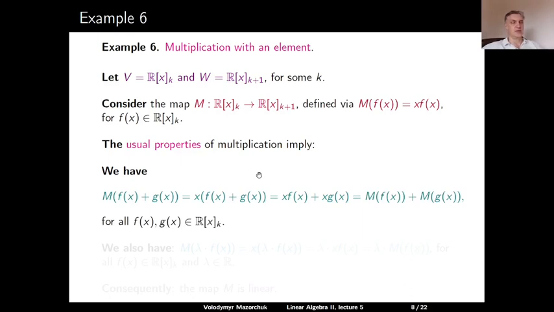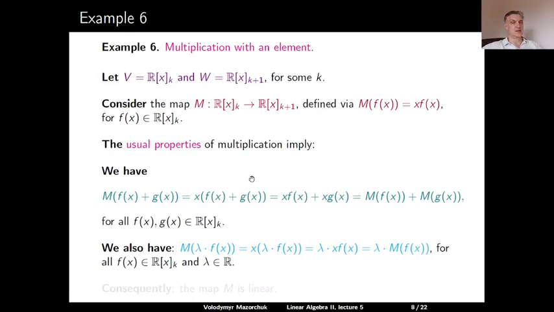And this is true for any f and g. And similarly, M applied to lambda times f is equal to x times lambda times f, but this is equal to lambda times x times f, and this is equal to lambda times M of f. And this is true for any f and for any lambda. So this shows that the map M is linear.